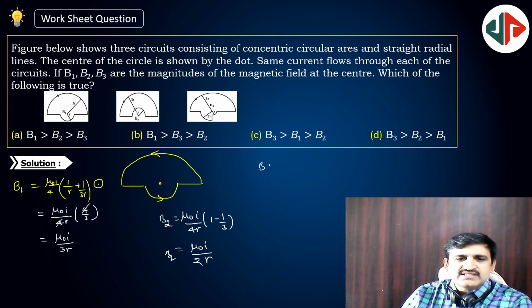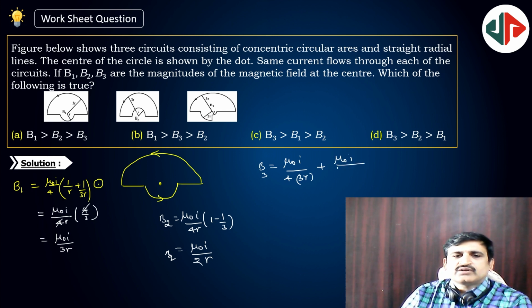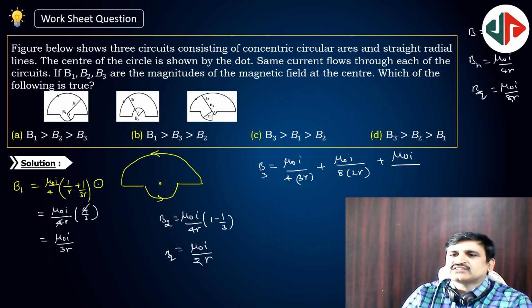So B3 is equal to mu naught I by 4 times 3R, because 2R is the formula but it is a semicircle, so 4R, plus mu naught I by, this is a quadrant of a circle, 2 4s are 8 into 2R, plus mu naught I by, I'll tell you, for a full circle the B value is mu naught I by 2R, half circle mu naught I by 4R, and quadrant mu naught I by 8R. Those I used. And this is also a quadrant, so 8 into R.